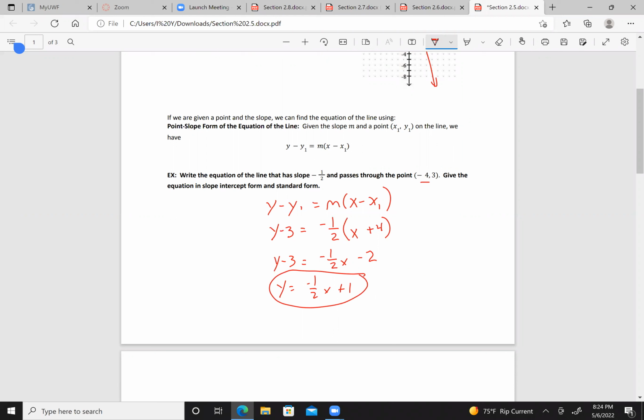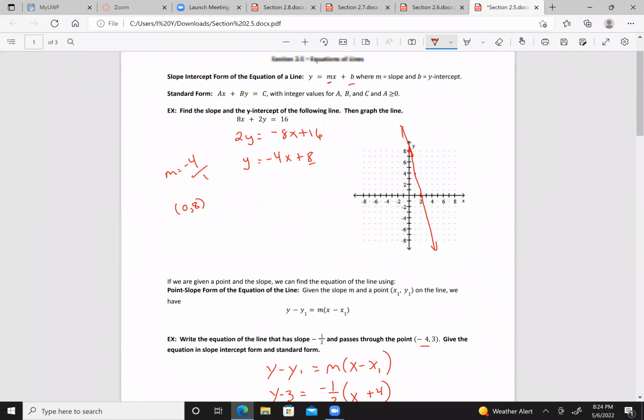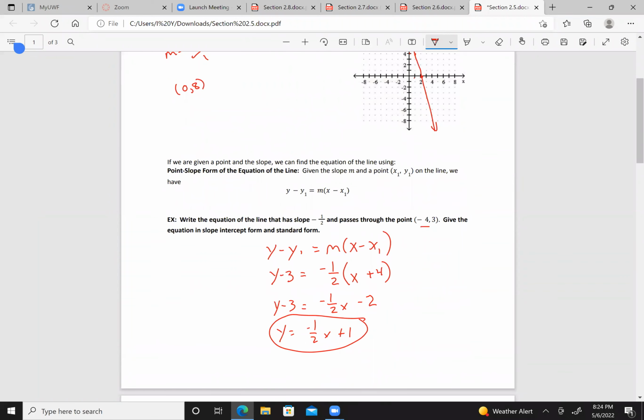Now I want this in standard form. So I need to bring this negative 1/2 x over. So I bring it over and I get y plus 1/2 x equals 1, or 1/2 x plus y equals 1.